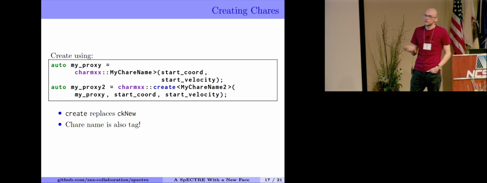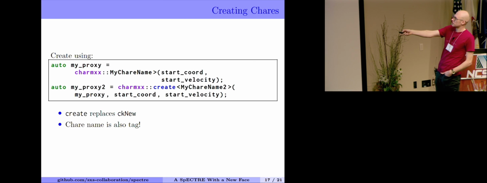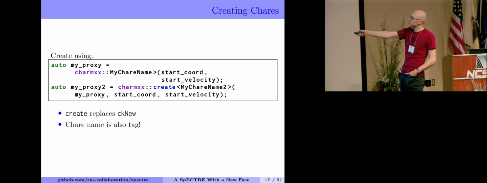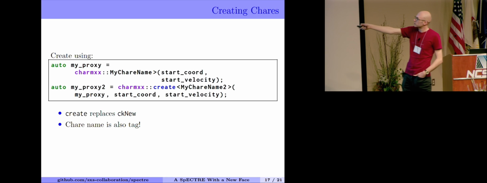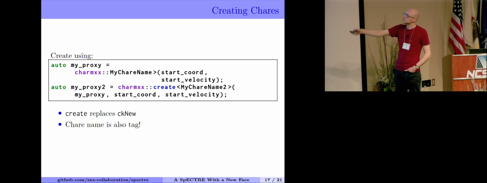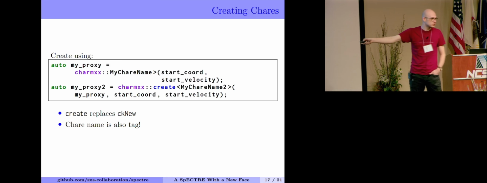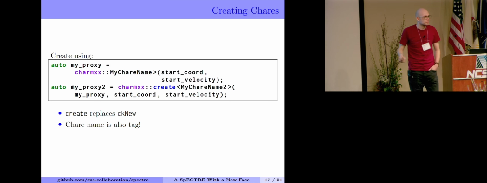And then the way actually creating them would look is you say, okay, I lost a create here. That's not great. So here you would use my proxy create my chare name, and then you have the start coord and the start velocity, and then you can create a second one, my chare name two. And in this case, you pass in my proxy, start coord and the start velocity.